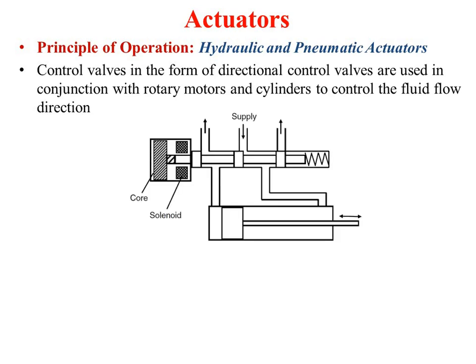Okay, so this is the example we have given. Initially there is a supply from this, so now this is closed. The material will flow from this diagram. Okay, so the pressure is in this direction.